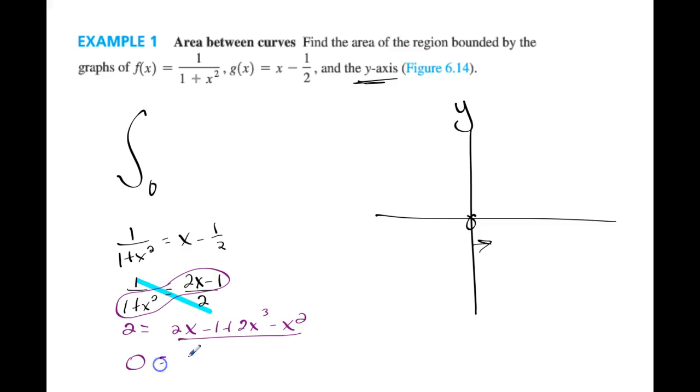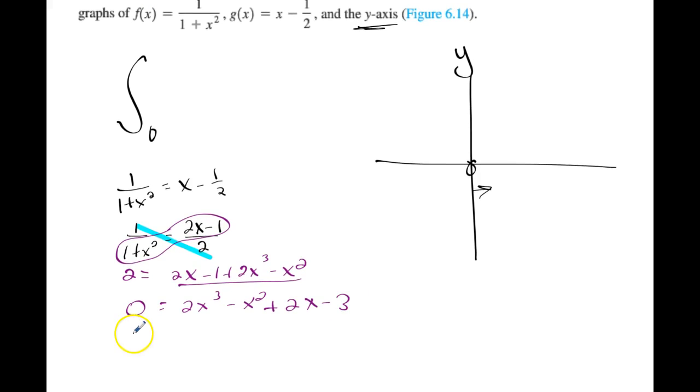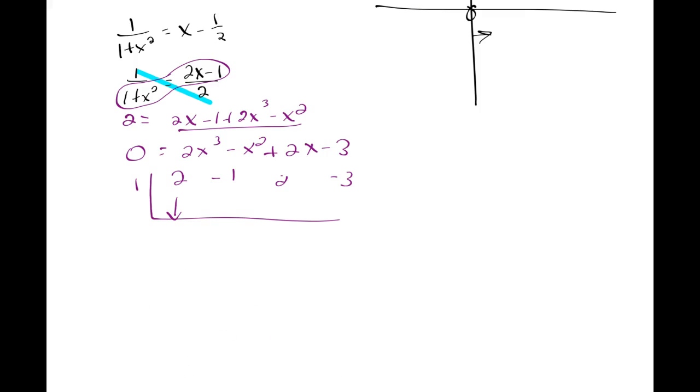Setting equal to 0 and reorganizing some things, hoping that I could factor by grouping. But I don't really see a common factor. So I'll try some synthetic division. And I know that 1 is a factor if I try the rational root theorem, p divided by q. So I'm just going to try positive 1, and if that doesn't work, I'll go to negative 1.